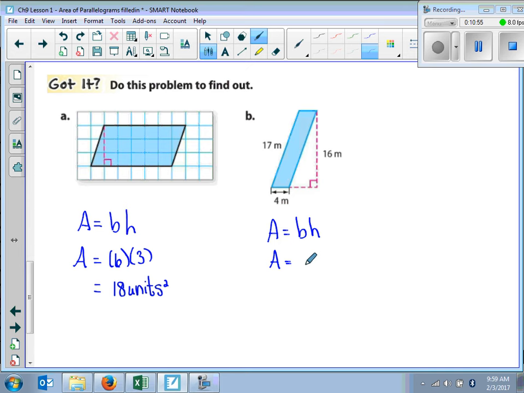The bottom one. 4, very good. 4 meters. And you can just wait until the end to put your units on here. And then what's the height? 16, very good. And then we just multiply. Very good. 64 meters squared.